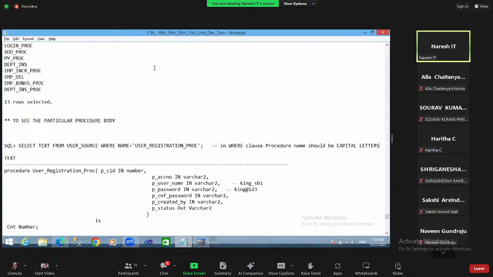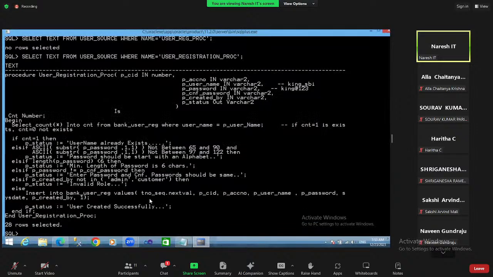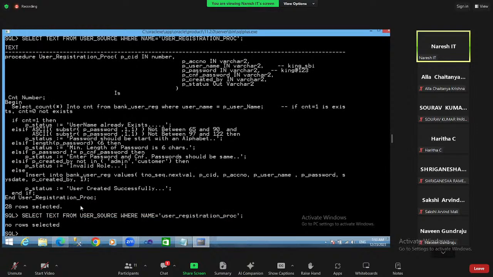That is mandatory. If you give small letters, what happens? We get no rows selected.